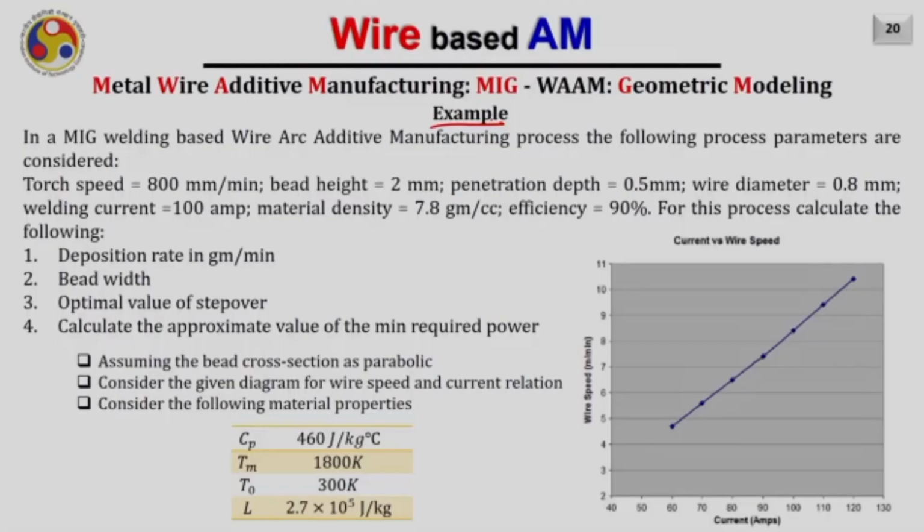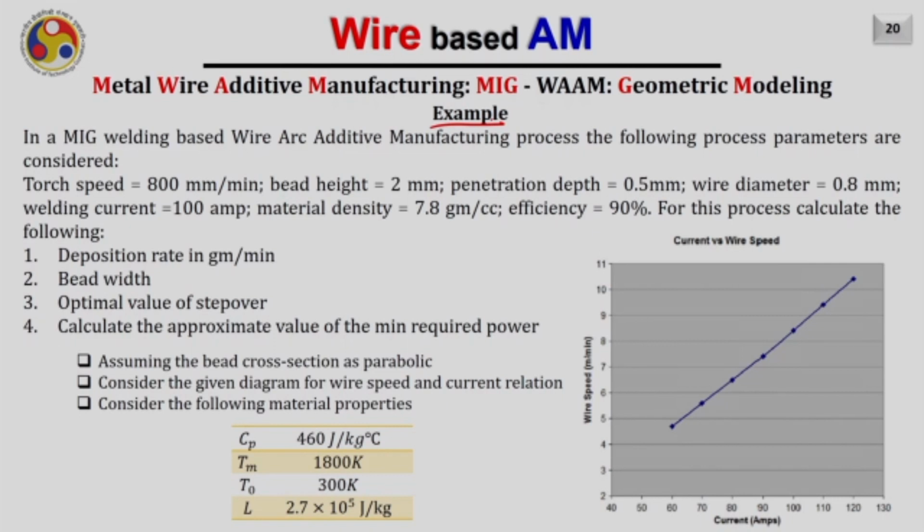Therefore, in order to obtain an almost flat surface while depositing in the xy plane, the distance between two consecutive beads in wire arc additive manufacturing should be 2/3 of the width of the bead deposited. Of course there are several assumptions we have made, but still this works very fine and gives us good results.